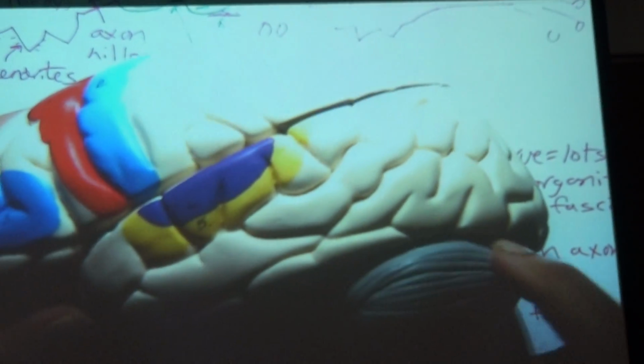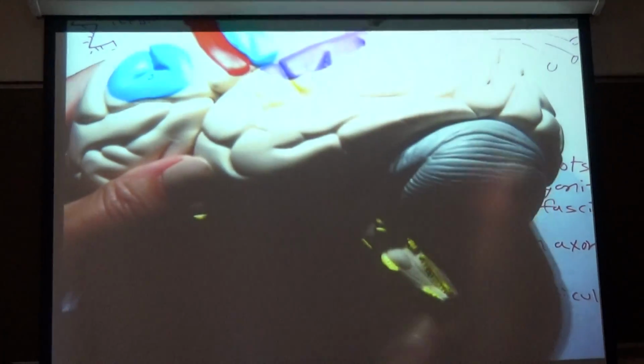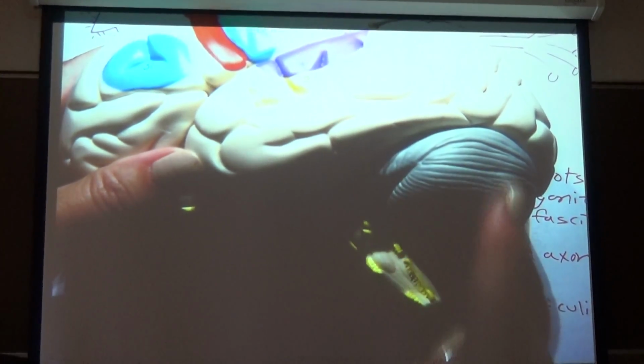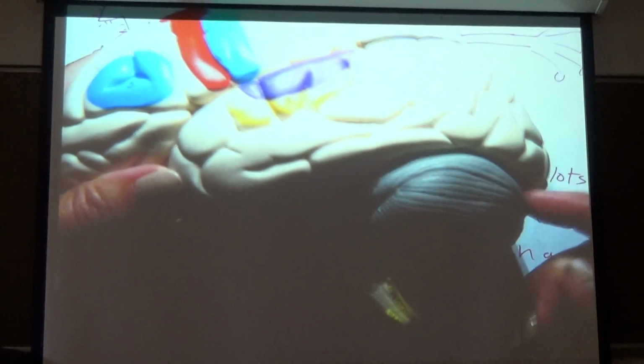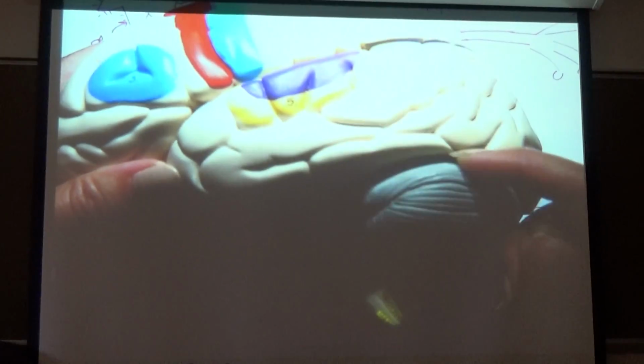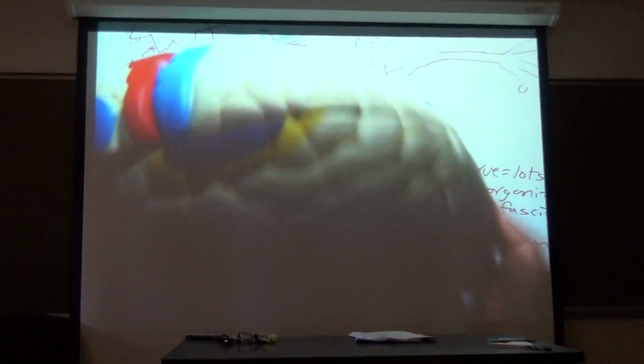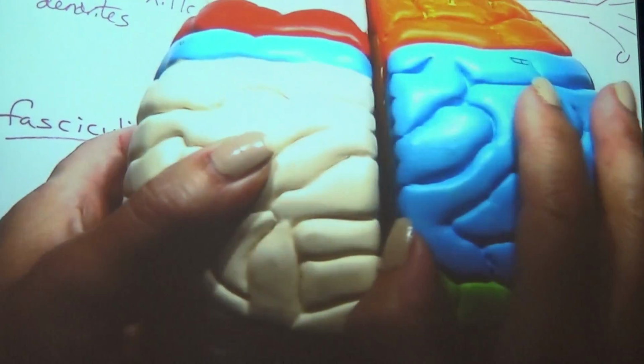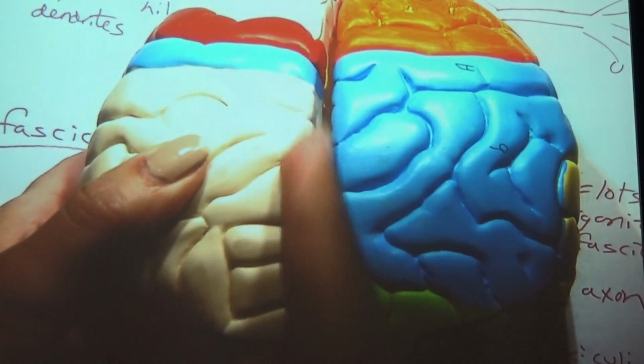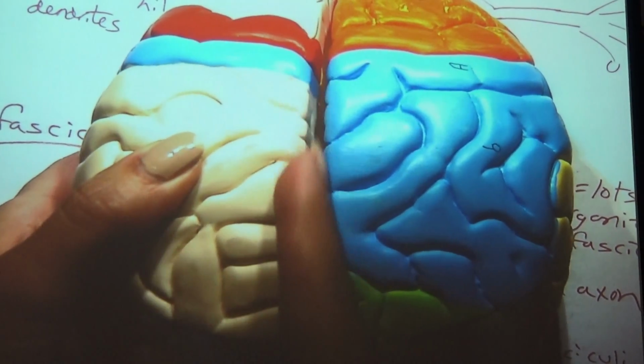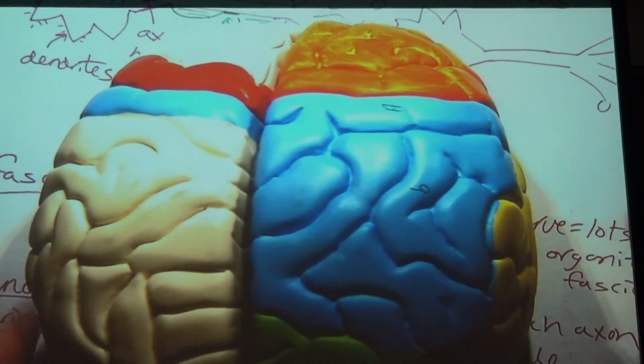There's also a piece of dura that goes between the brain at the bottom and this, which is hanging off the back of the brain, which is the cerebellum. So there's a piece of dura that goes into here. The one that goes down through this, so it divides the brain into two hemispheres, that's the falx cerebri.